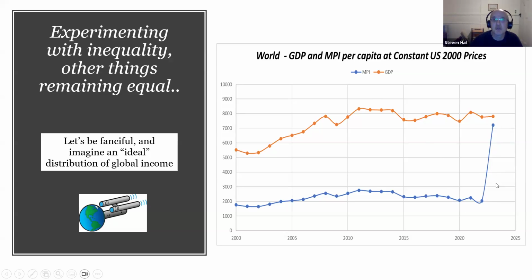It would do nothing at all to real GDP per capita, at least not directly, not except in terms of the effect that it would have on the scale of economic activity around the world. Inequality is not built in to real GDP.